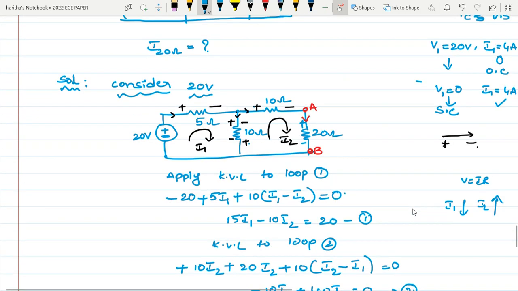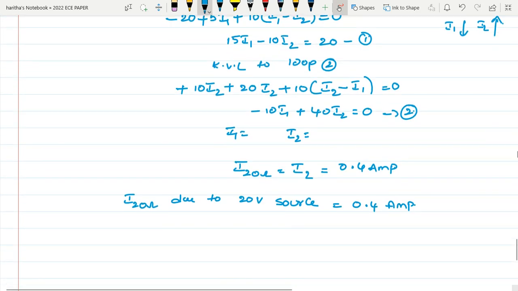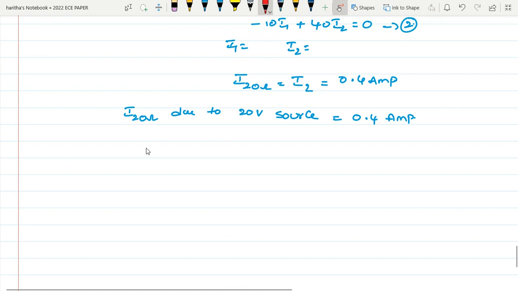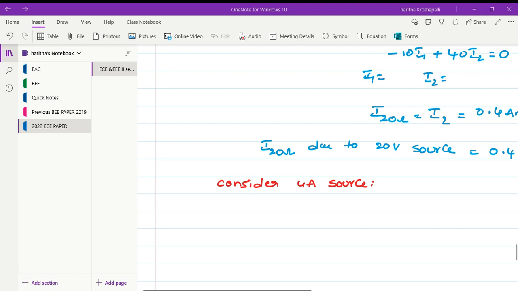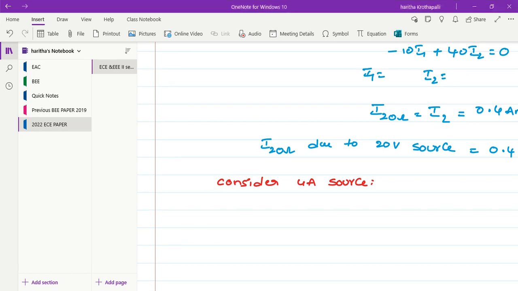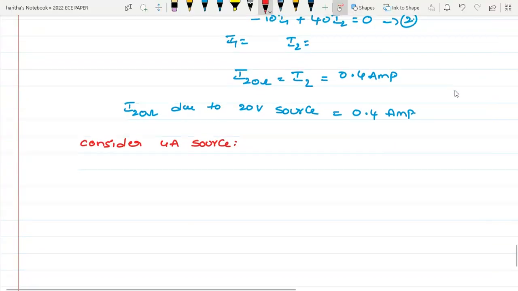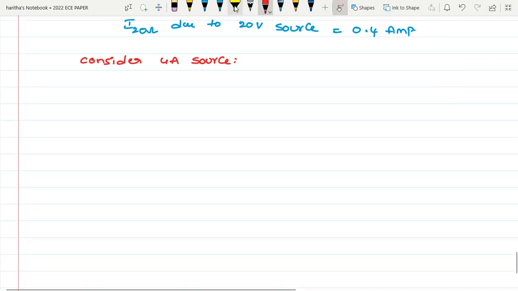Next, what is the other source? We have the 4 ampere source. Now consider that 4 ampere source. Due to that 4 ampere source, what is the current flowing in 20 ohm? Redraw the circuit.